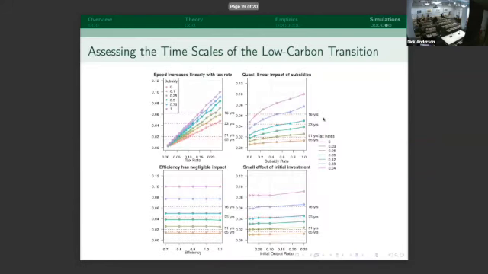I also computed the timescales of this transition, and I find that with proper taxation and proper subsidies, you can actually decarbonize in 10 years. It's not that difficult, but you need politicians to agree, and they need to stand up to big oil and the big agricultural companies, and that's difficult because planning is hard.